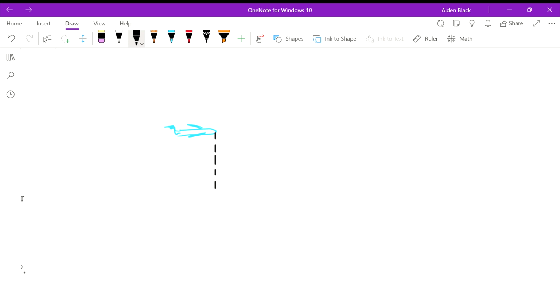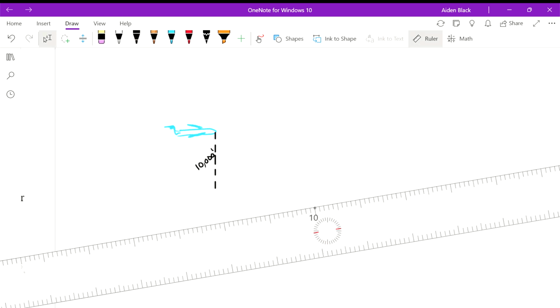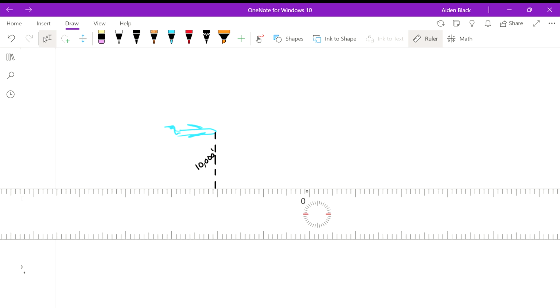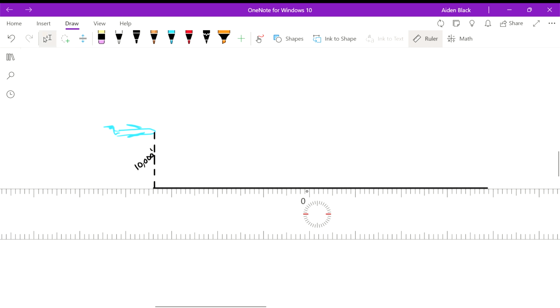Say that's 10,000 feet. And we know that the airport is 50 miles away, so this is not going to be to scale, right? Because 50 miles is way more than 10,000 feet. We'll just do it like that.